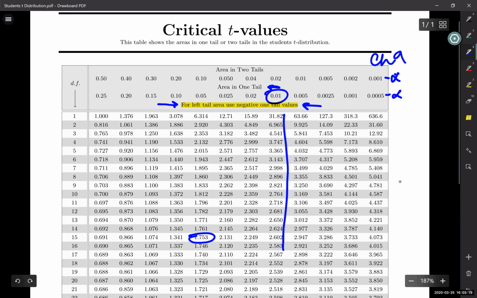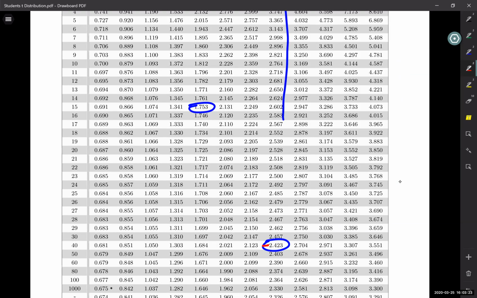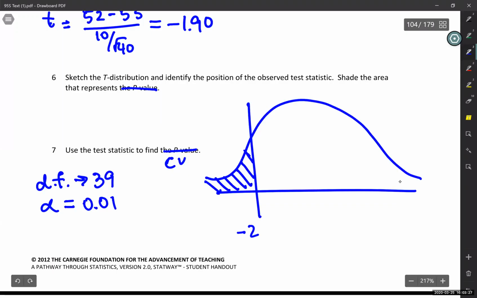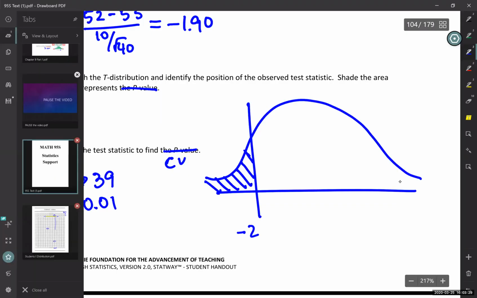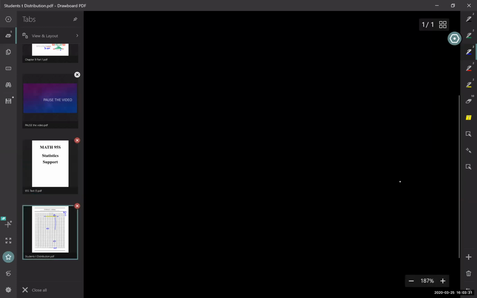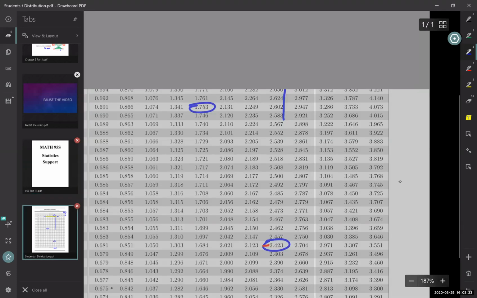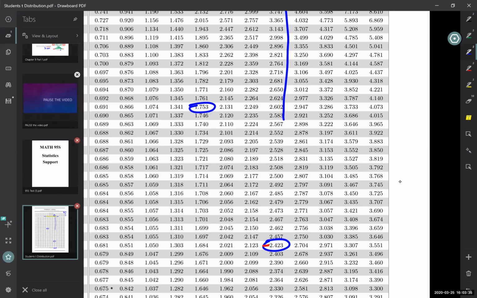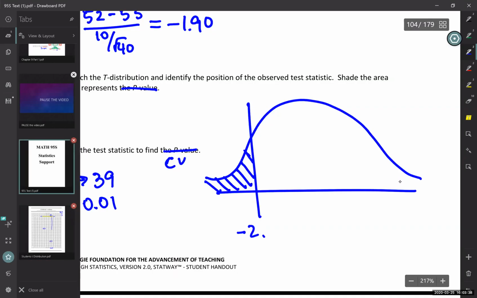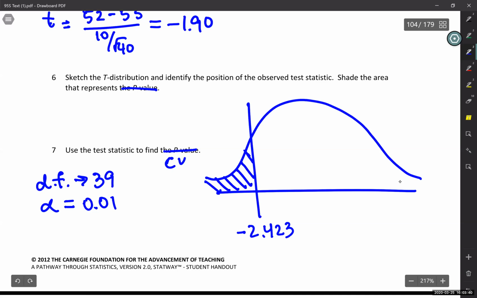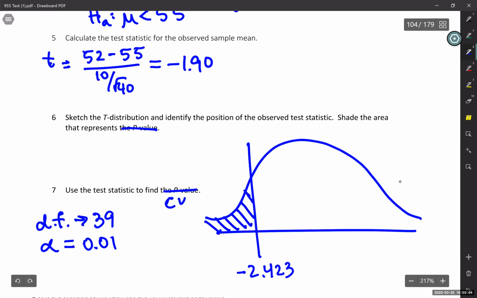This just saves us from having a whole bunch of different tables. So we can just use the same table and we get negative 2.423. And so we're trying to determine what side of the line our test statistic lies on.